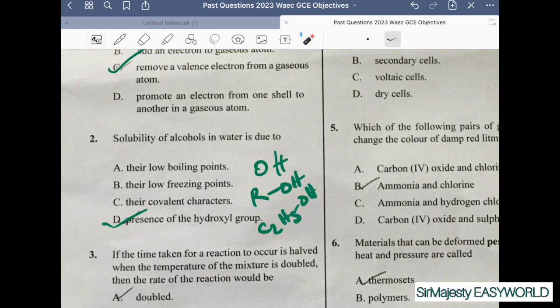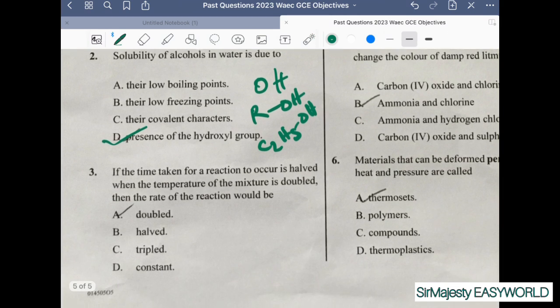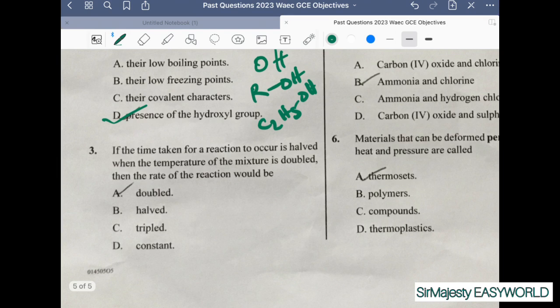But this OH is also negatively charged. But because the OH is extremely negatively charged, this particular alkyl group tends to be plus. Therefore, the OH gives the alcohol polarity, and when they are polar, they will dissolve in water, and water is a polar solvent. Then, polar solvents dissolve polar solutes. Take note of that.